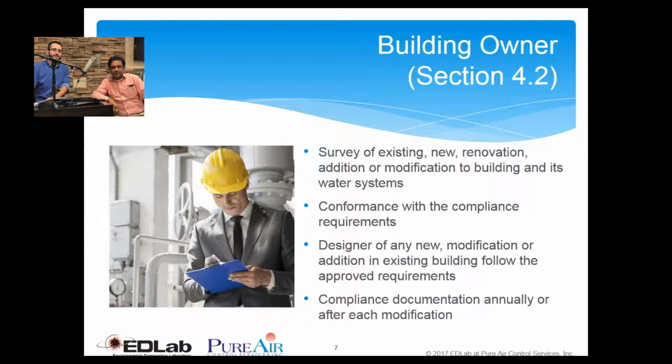Then it is the responsibility of owners, or owners are encouraged to make sure that they are in compliance with the requirements. The detailed requirements of the building water system are mentioned under section 6 of this standard, which basically narrates how you should go about making the building water system in order to minimize the risk.